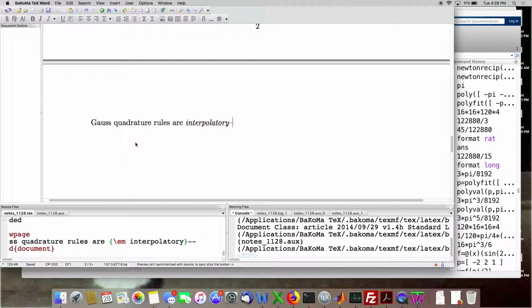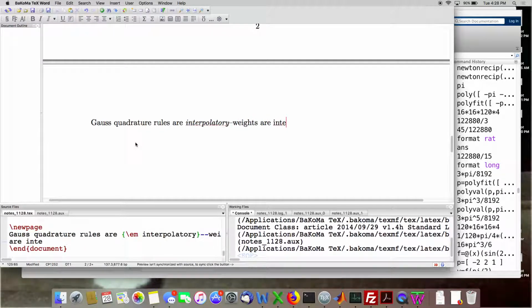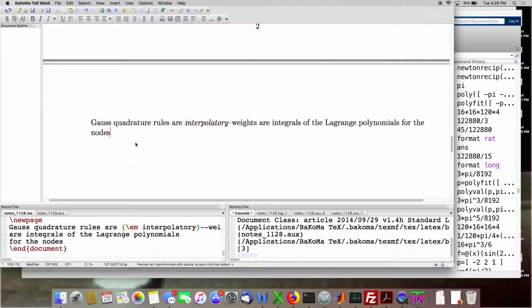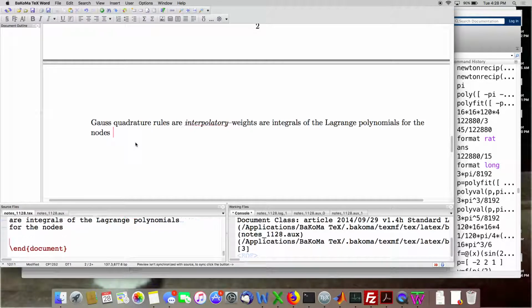It has to do with interpolation, but yes, the weights are the integrals of the Legendre polynomials for the nodes. So really, this is about getting the nodes. Once we know the nodes, the weights will follow. So at least we know how to do that.